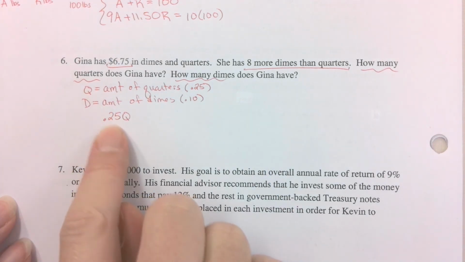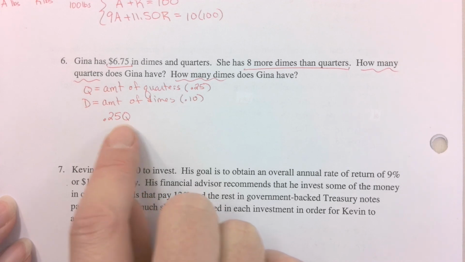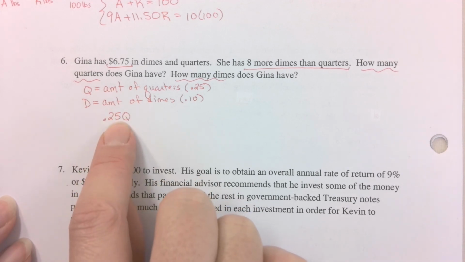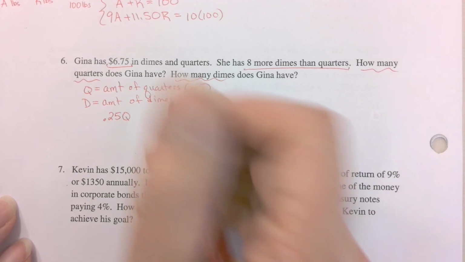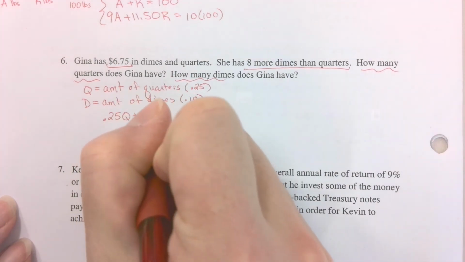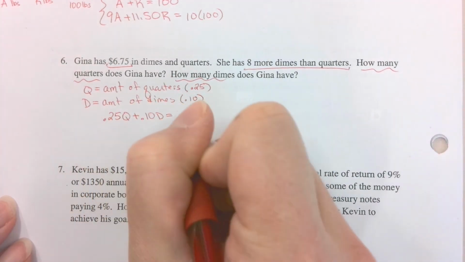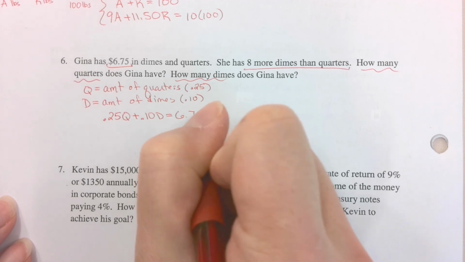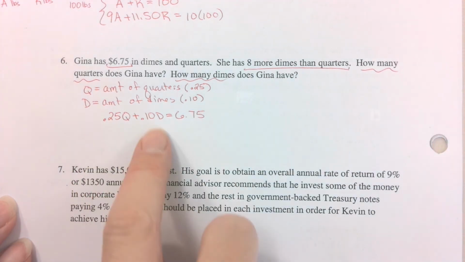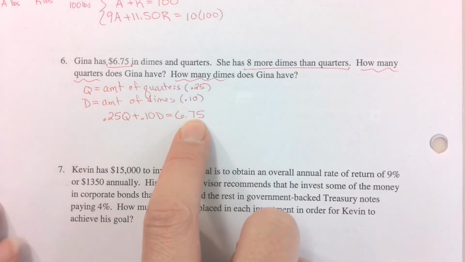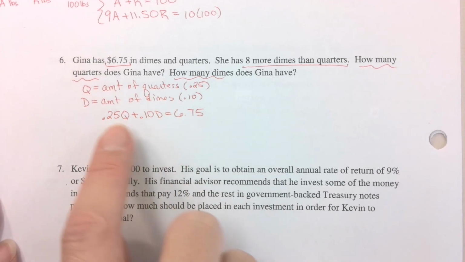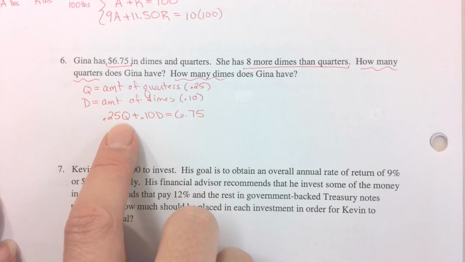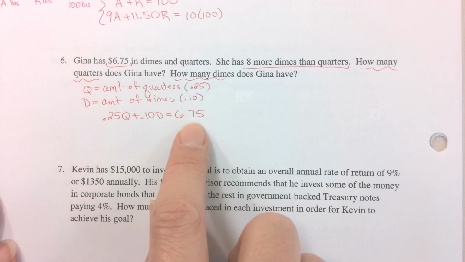So it's 25 cents for every quarter. So if she has 10 quarters, that's $2.50 in quarters. And then it's 10 cents for every dime. And that gives us a total of $6.75. So it's the money from the quarters and the money from the dimes, total money. Not the quantity. It's the value times quantity. Value times quantity gives us the total value.